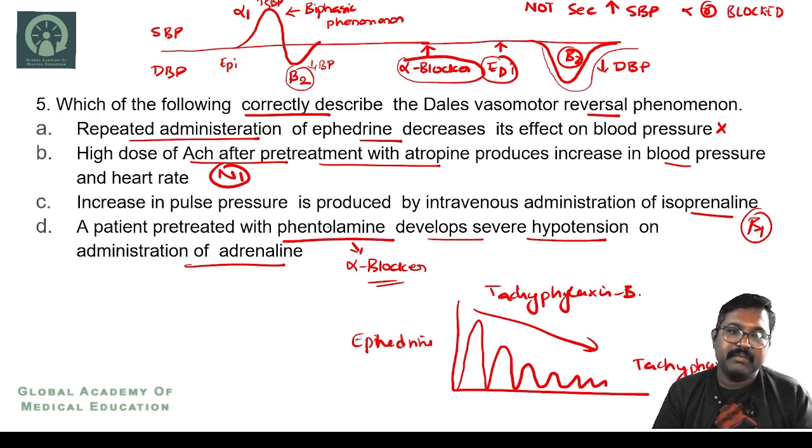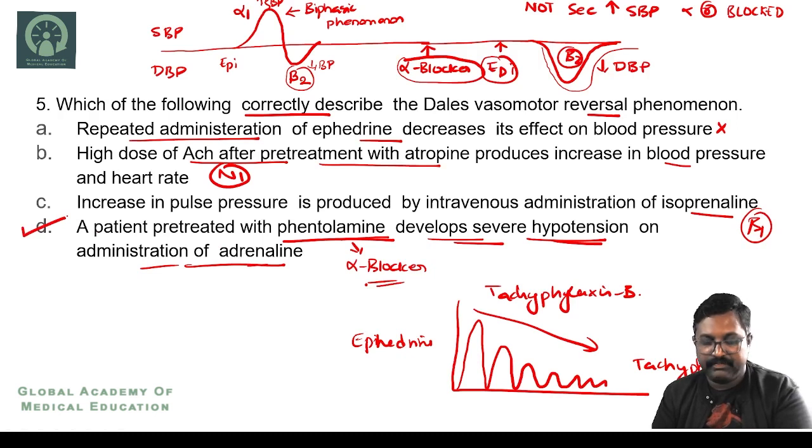So this is the correct statement of the Dale's vasomotor reversal phenomenon. The correct answer is: a patient pre-treated with phentolamine develops severe hypotension on administration of adrenaline. So this is the right option.